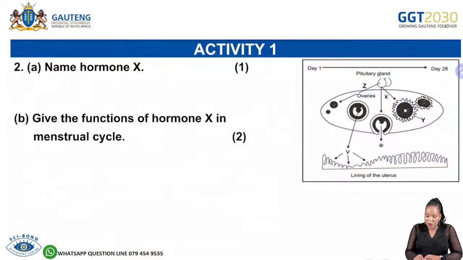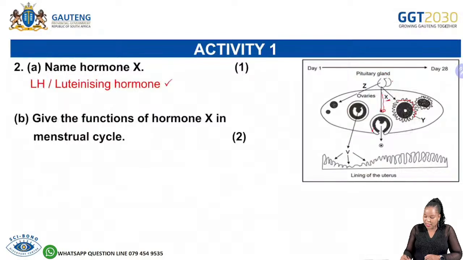Name hormone X. Let us all look at it. This is hormone X. You see it says it comes from the pituitary, and you see it's going to make this thing. Look, what body did it form there? Right, this hormone is luteinizing hormone. You see what is happening? Look at what X is doing.